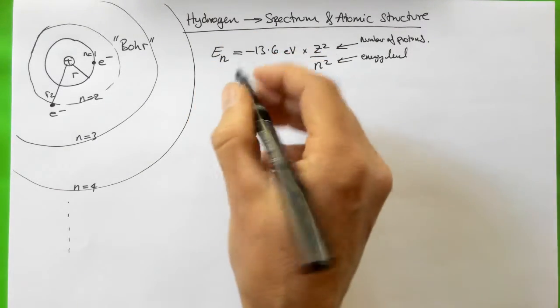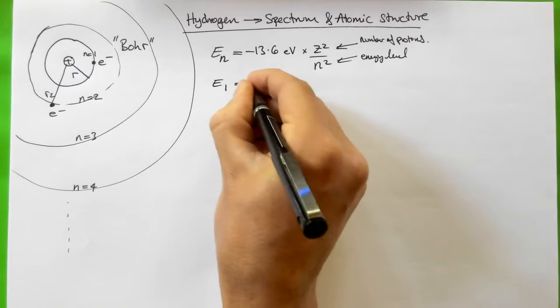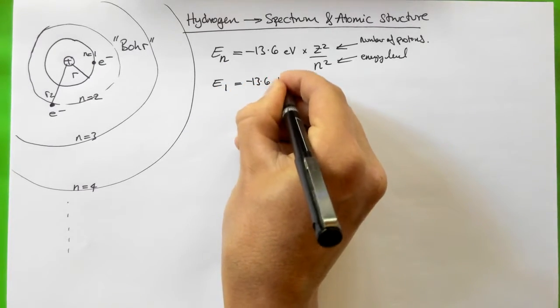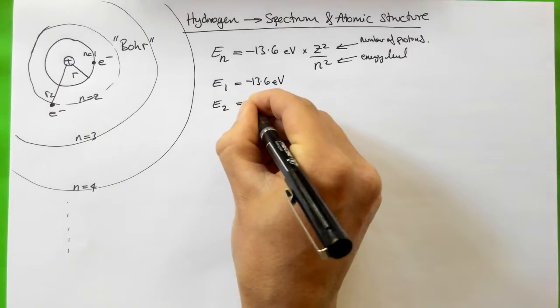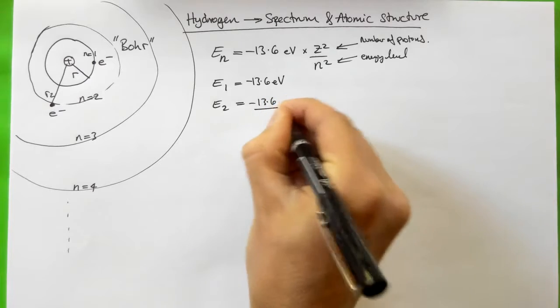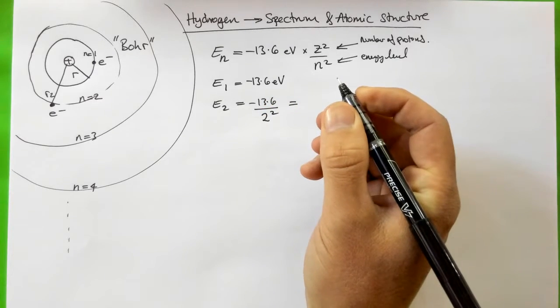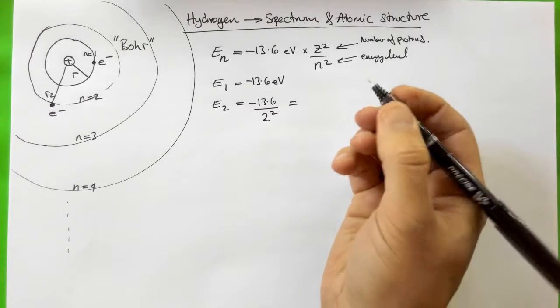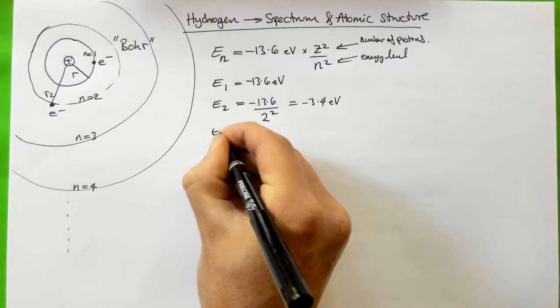So let's figure out what these energy levels are. E1 is simply minus 13.6 electron volts. E2 is minus 13.6 divided by 2 squared, which comes out to minus 3.4 eV.